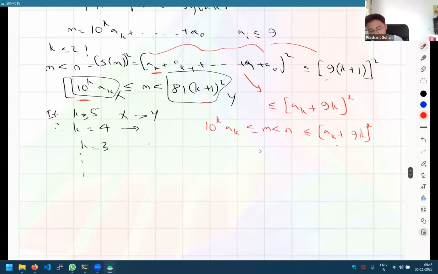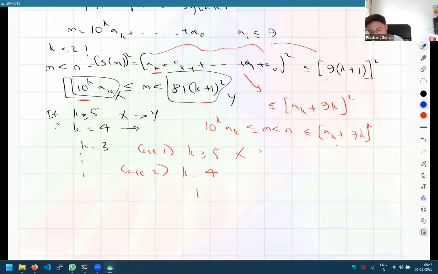Okay. So basically case 1, k greater than or equal to 5, has already been eliminated. So now I have to only consider case 2, where let us say k is equal to 4, and here I can consider what is the value of ak. So actually even k equal to 4 is also going to be too large, because I forgot.